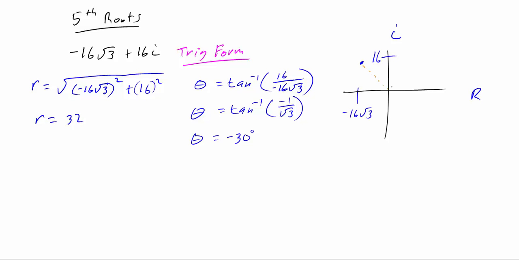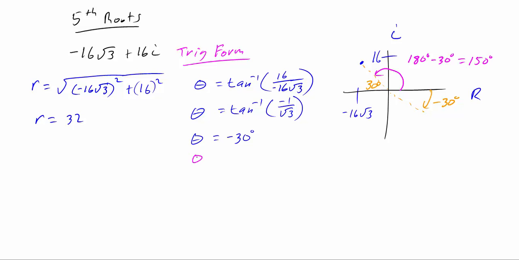So we came up with an angle of negative 30 degrees. Well, the number we're talking about is not in the fourth quadrant. So once again, because of the domain and range for the inverse tangent, we know that this is going to be the reference angle up here of 30 degrees. Therefore, the angle we're looking for is going to be 180, because halfway around here is 180 degrees, minus the 30 degrees, which gives us our 150 degree angle.